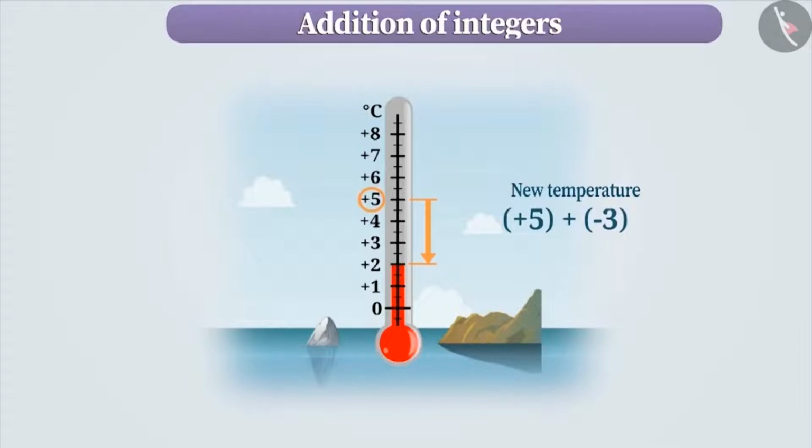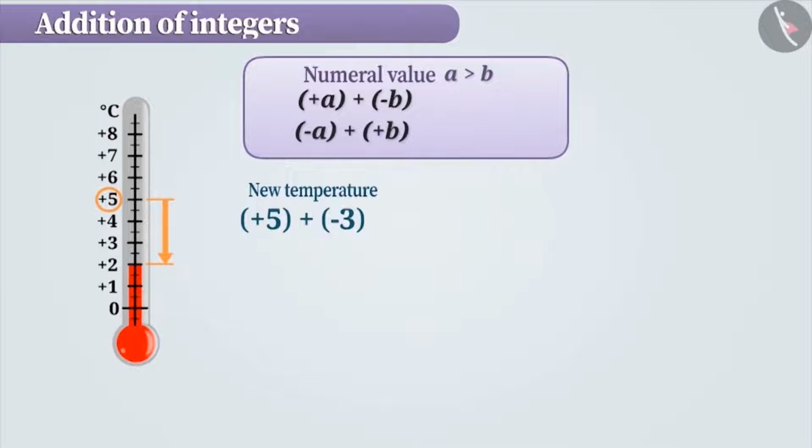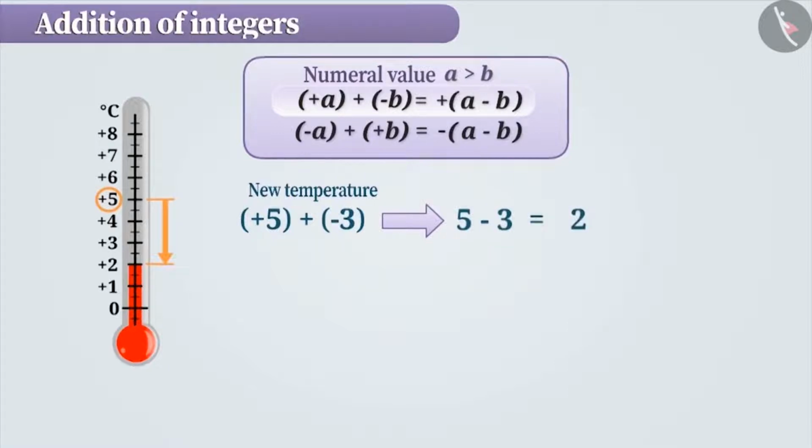If numbers to be added have different signs, then we ignore the signs and subtract the smaller number from the larger number. Later, the sign of the larger number is included in the result. Here, we subtract 3 from 5 and the sign of the larger number, which is plus, is included in the result, giving us plus 2.